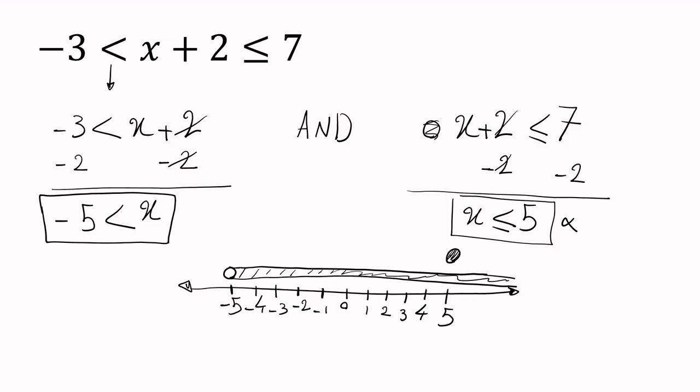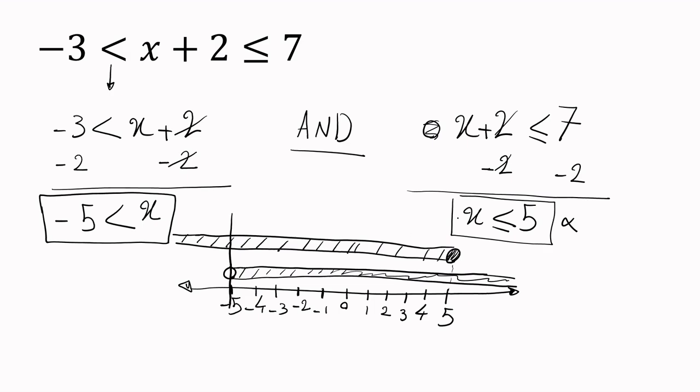Less than or equal, because of the equal sign I must fill this circle. So it would be something like this. Okay, what do I have? Do I have and or or? As you can see, I have and here. So I must find the common part, the overlap. So the overlap would be here.